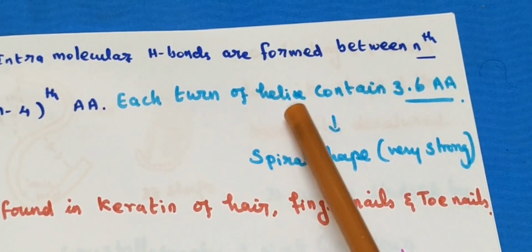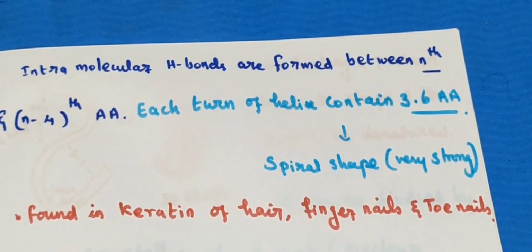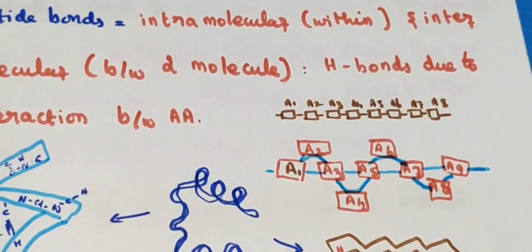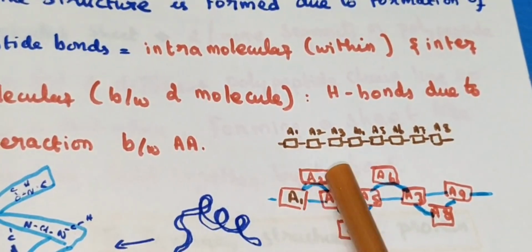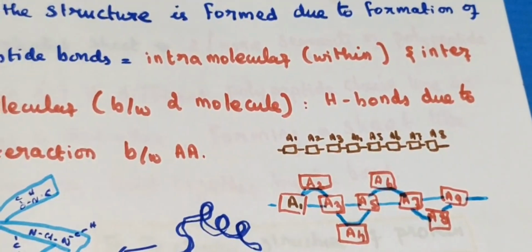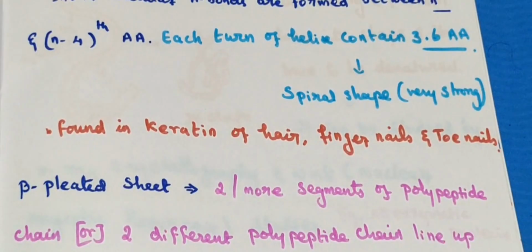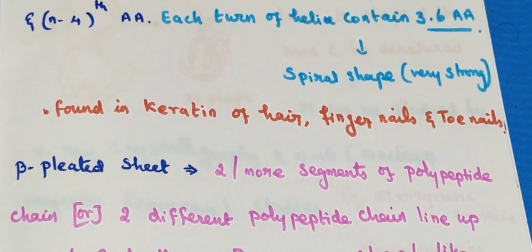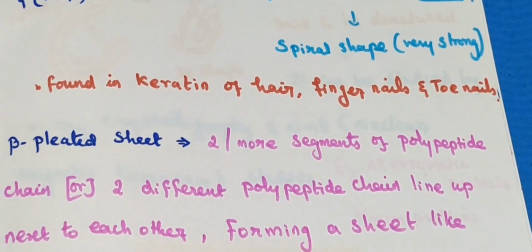Each turn contains 3.6 amino acids, so the spiral shape is very strong. This structure is very strong and found in keratin of hair, fingernails and toenails.